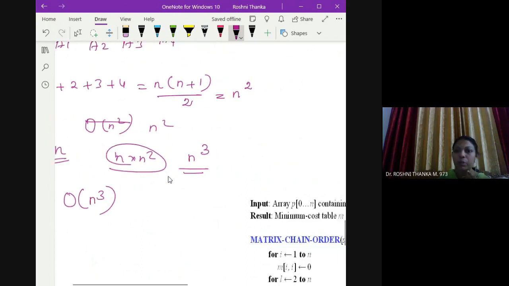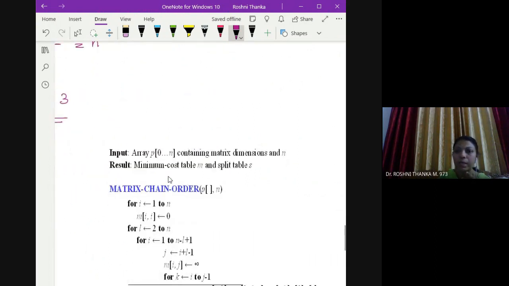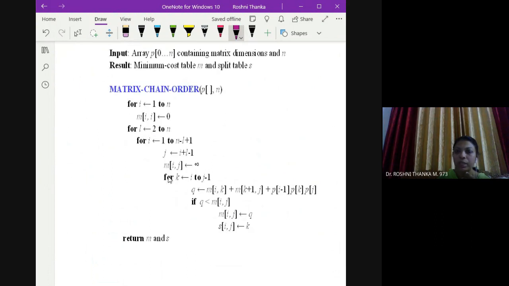Now what we have to do is write the algorithm for it. So how will we write the algorithm?